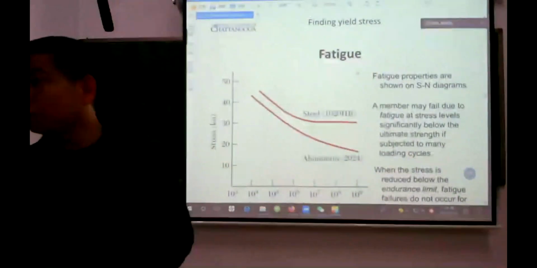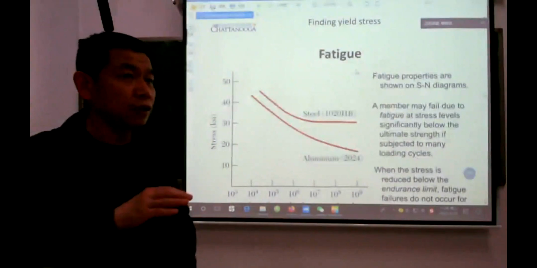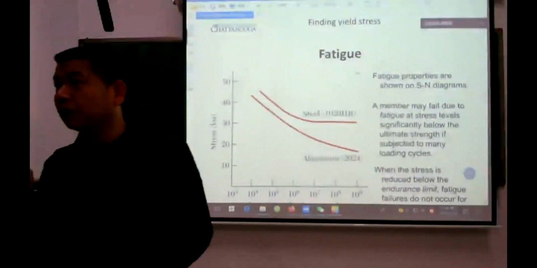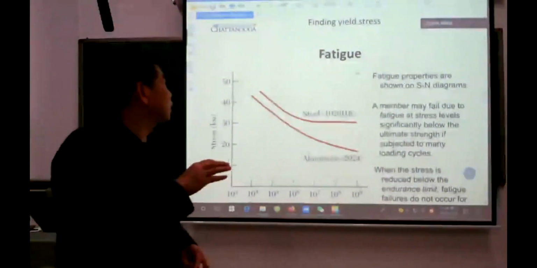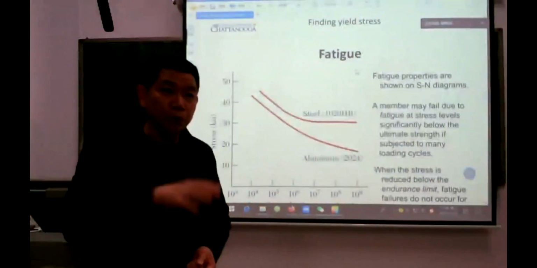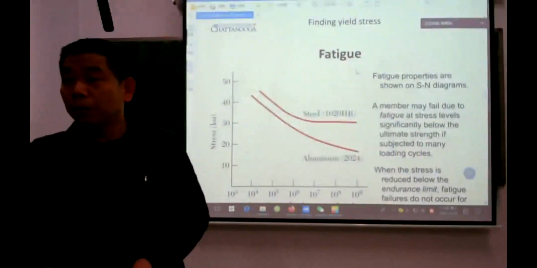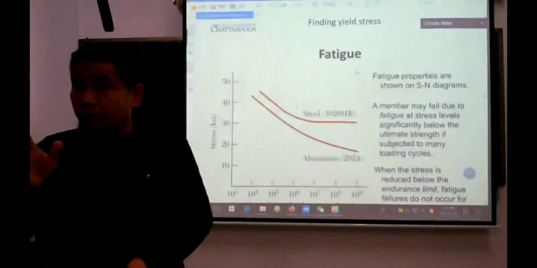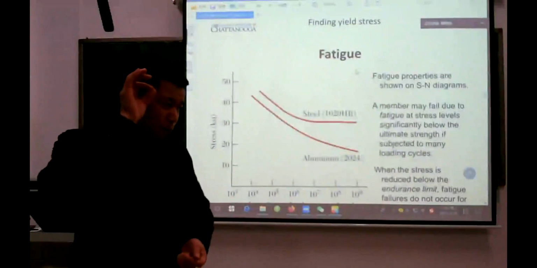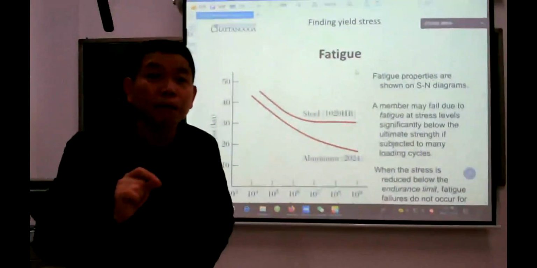It means fatigue. It means when the load is put on and removed many times, the break property is different.